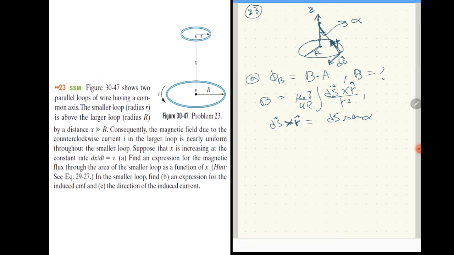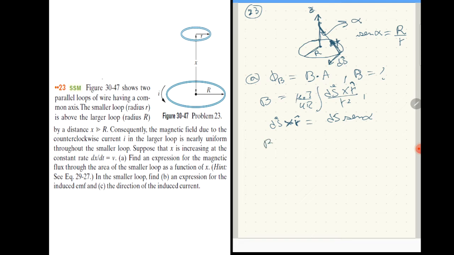You may also see that the sine of this angle equals the R uppercase divided by the r lowercase.